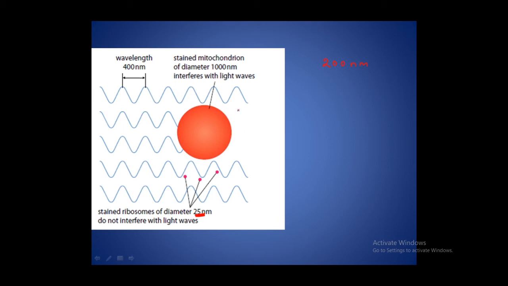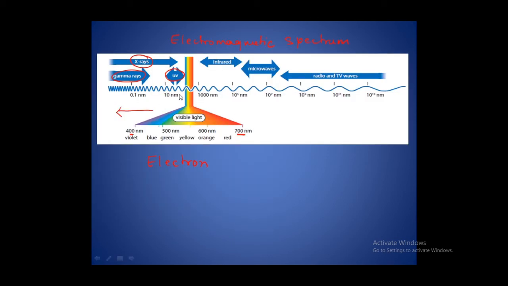That is the reason we have to opt for some other light radiation which has a lower wavelength. But as I told you previously, if we are using wavelengths like X-rays and UV, it will be difficult to focus them. Hence electron beams have been widely used.